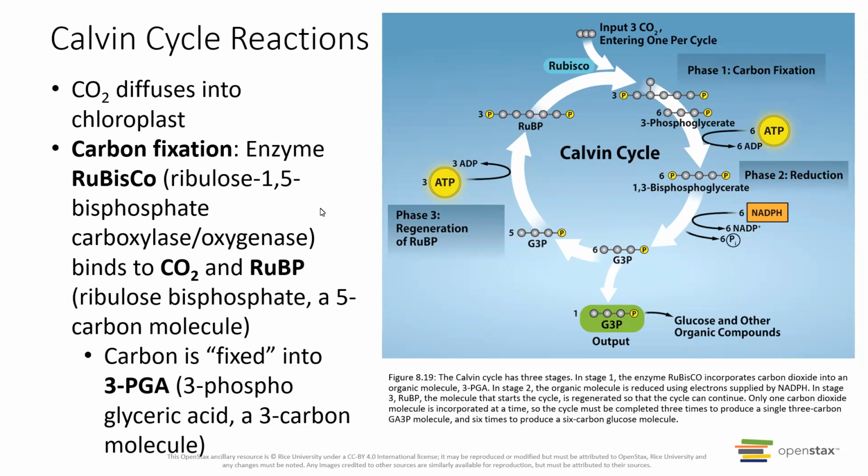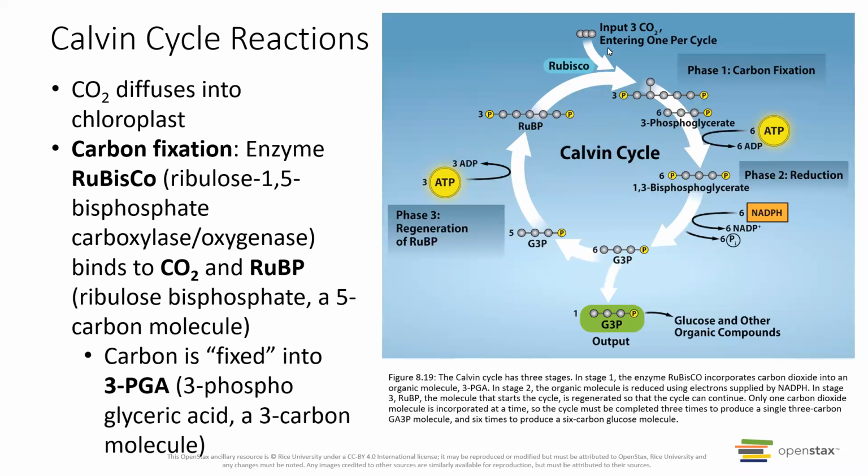Rubisco, which is what we will call it from now on, is going to bind a carbon dioxide molecule to this 5-carbon molecule RuBP. Ribulose bisphosphate, which is a 5-carbon molecule, bisphosphate meaning 2 phosphates, 1 on either end.